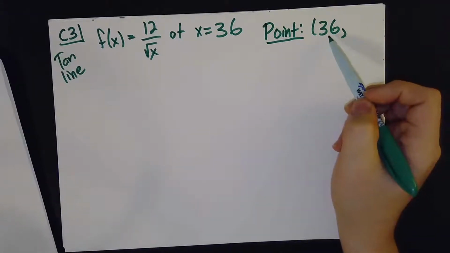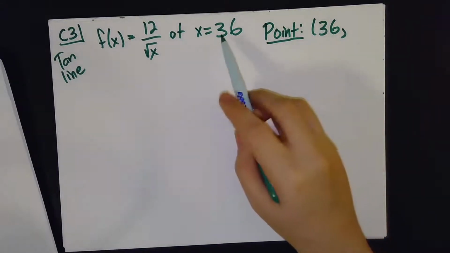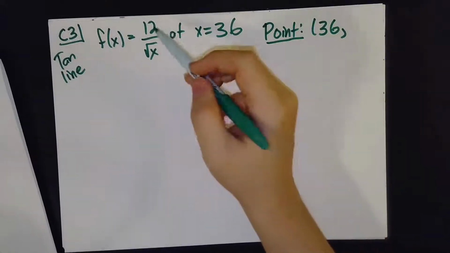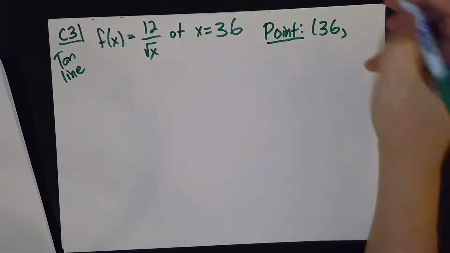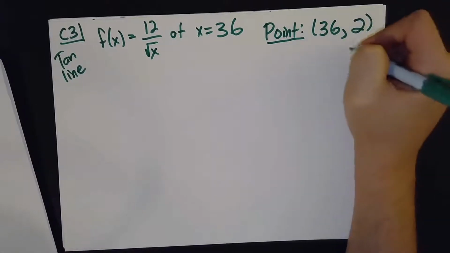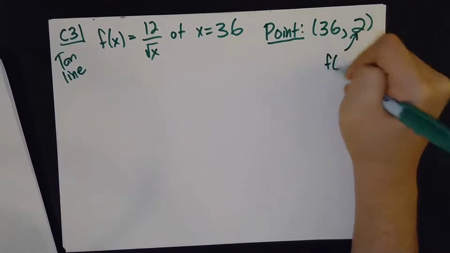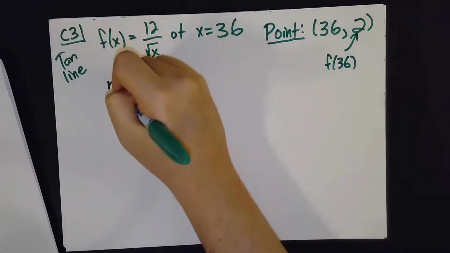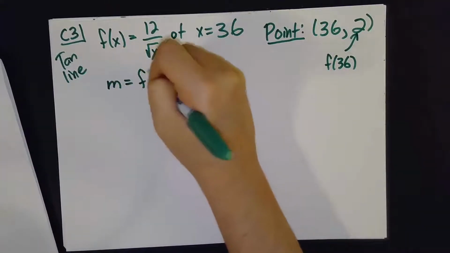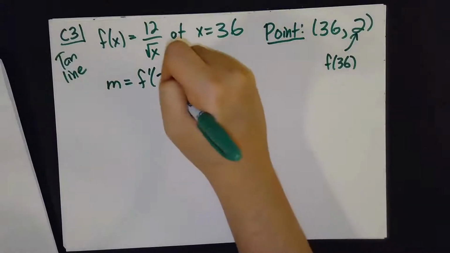The y-coordinate is going to be what I get by plugging this input 36 into the function, which is going to give me 12 divided by 6, which is 2. Okay. Again, this 2, it's just f of 36, nothing fancy. Okay. The slope of this line is going to be f prime of 36.